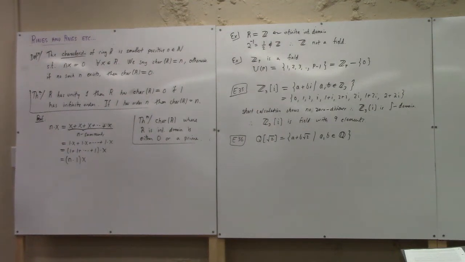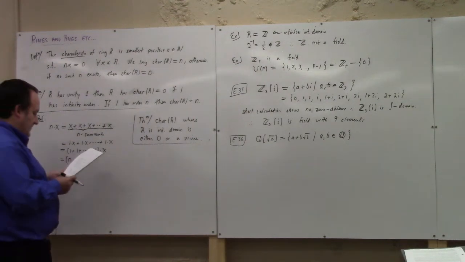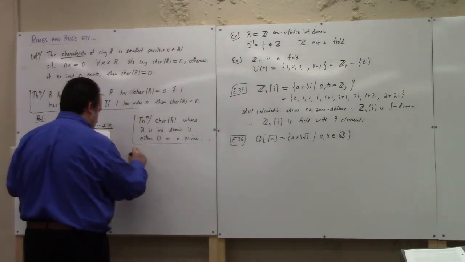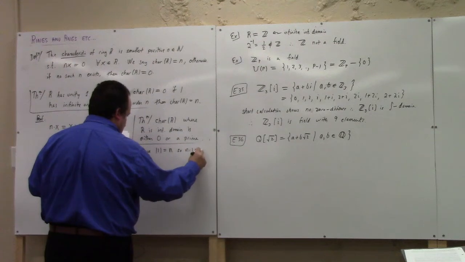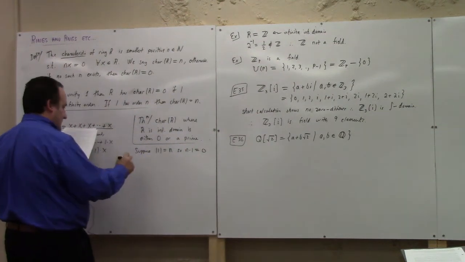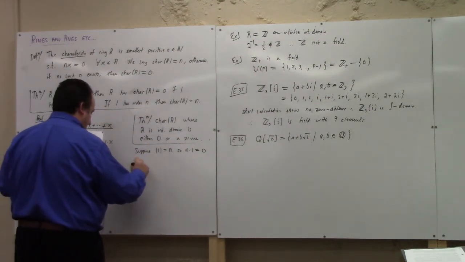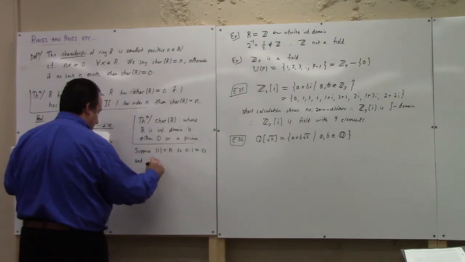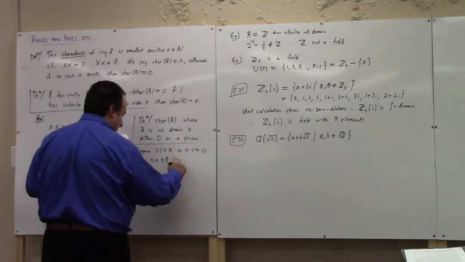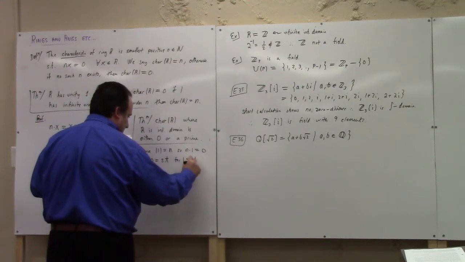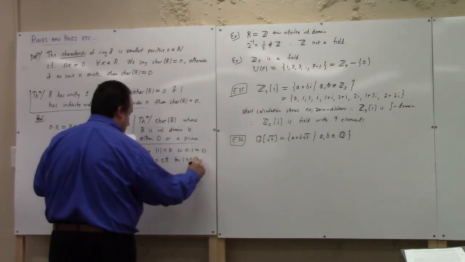All right. Suppose that n times 1 equals 0, in the additive sense. So let's look at the additive case. Suppose the order of 1 is equal to n, so n times 1 equals 0, right? And suppose n is equal to s times t, for some 1 less than or equal to s, t, less than or equal to n, right?